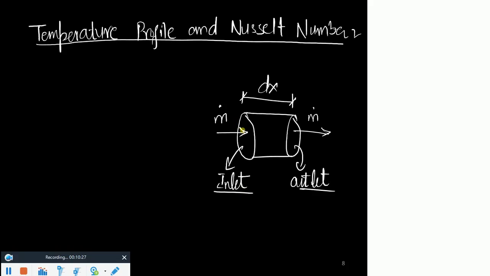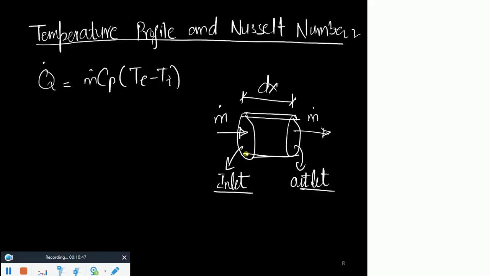Now you know that due to this mass flow rate, some heat would be transferred. You remember that Q dot was equal to what? Okay, so some heat is being transferred by this mass flow, right? And then this is the pipe wall as well.